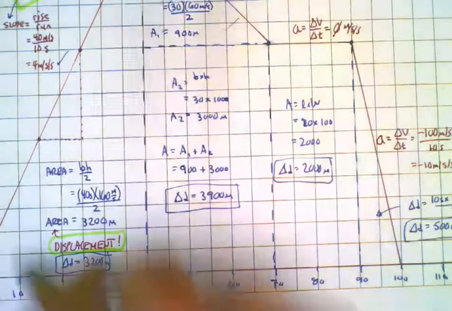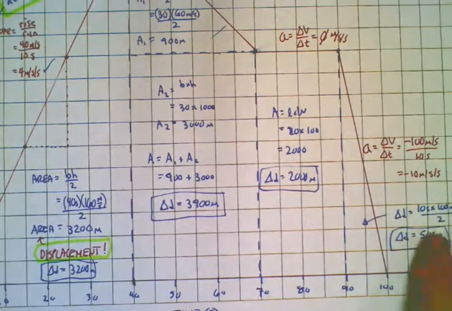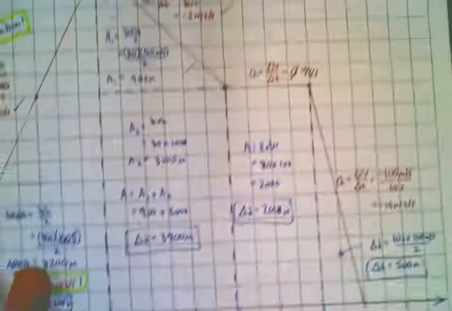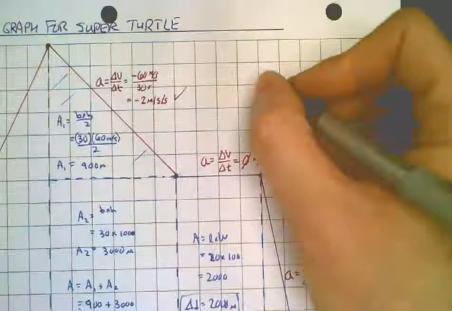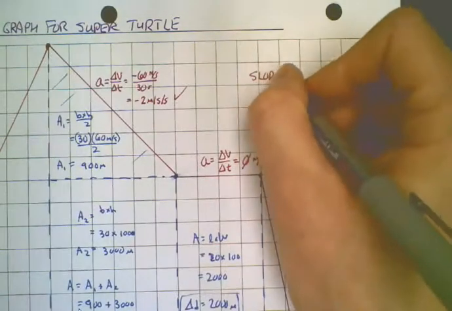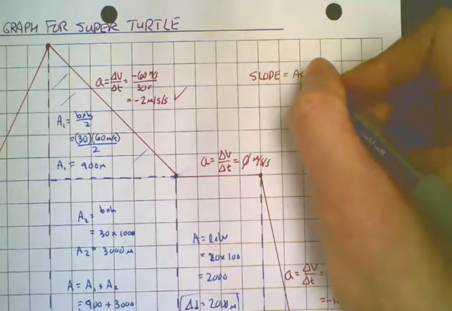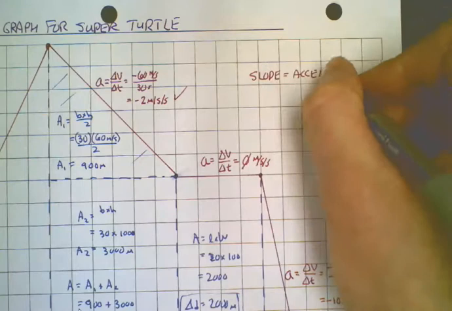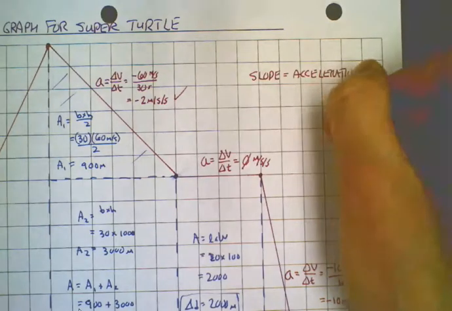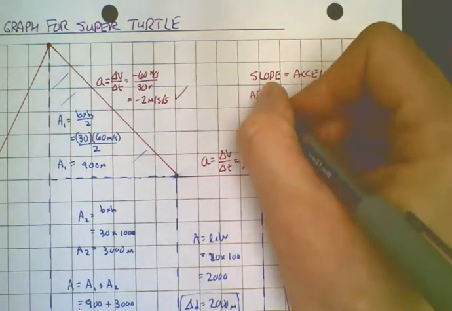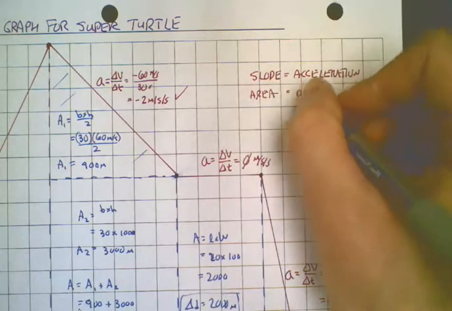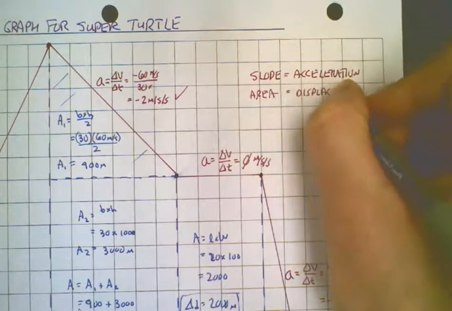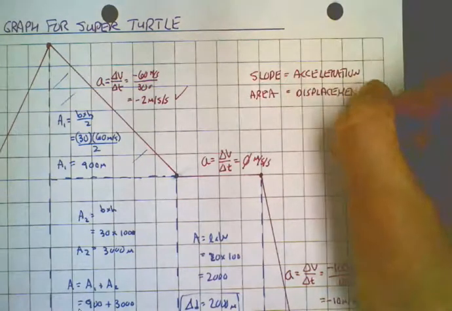You must show all those calculations whenever you're doing problems like this. So the key to learn from this is that the slope equals acceleration on a velocity time graph, and that area equals the displacement on a velocity time graph.